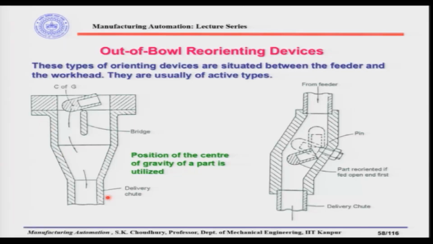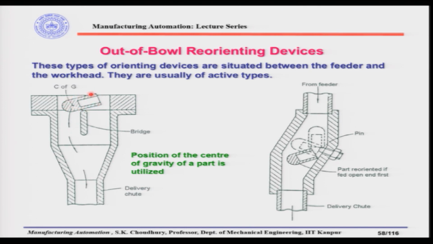All right. So, let us say this is a feed track, or the delivery chute. Parts have come out of the bowl feeder, and now the part orientation we desire is the heavier side down.